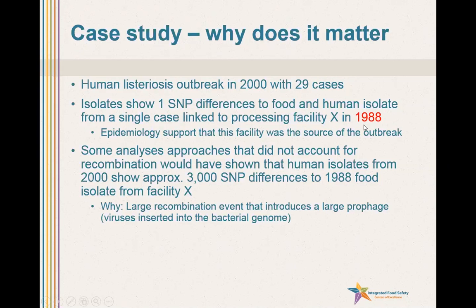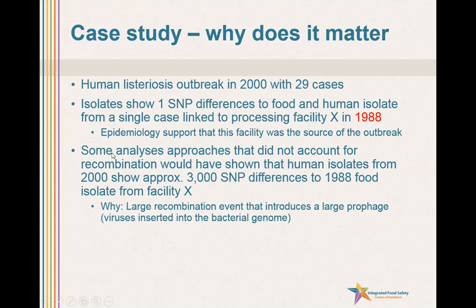So 12 years apart, we find an isolate that matches this outbreak. Epidemiology supported that this facility was the source of the outbreak, suggesting that Listeria survived in this facility over 12 years and caused an outbreak. The combination of epidemiology and whole genome sequencing really allowed us to draw this conclusion.